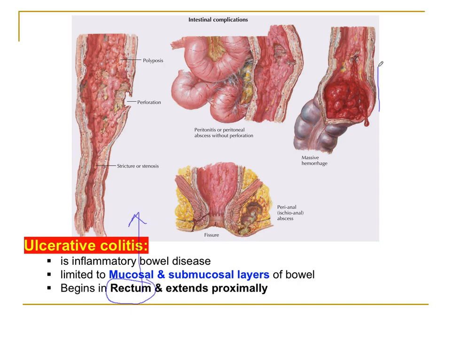After the rectum it may reach the sigmoid colon, it may reach the ascending colon, so it moves upward. It is mainly limited to two layers, mucosal and submucosal layers. This is also an inflammatory disease.